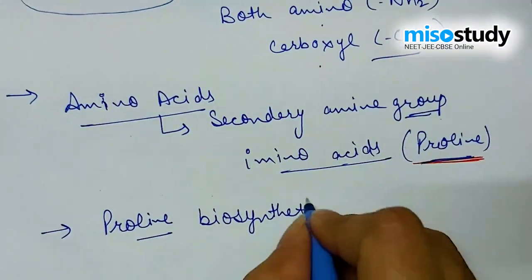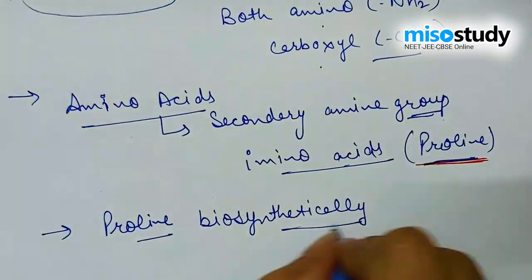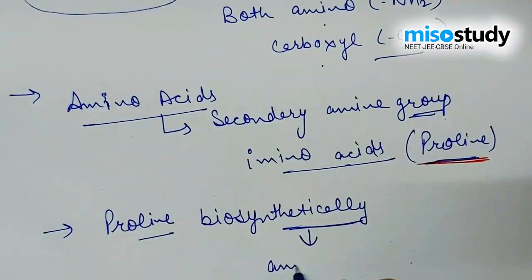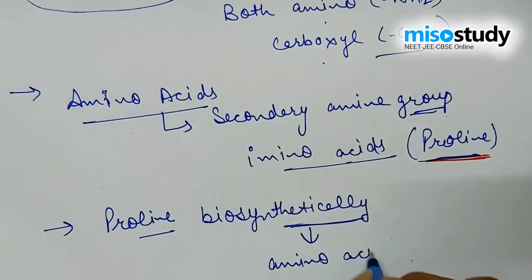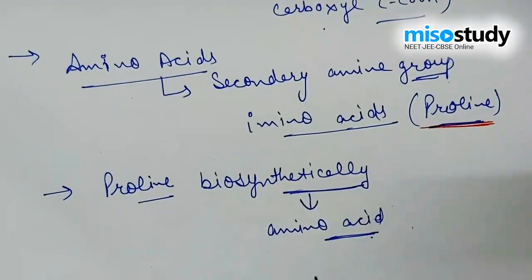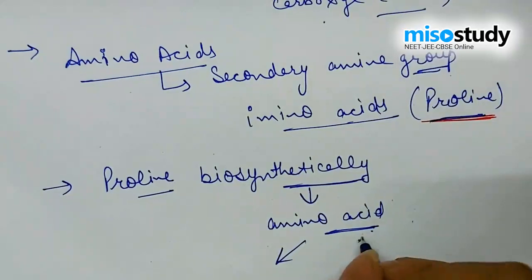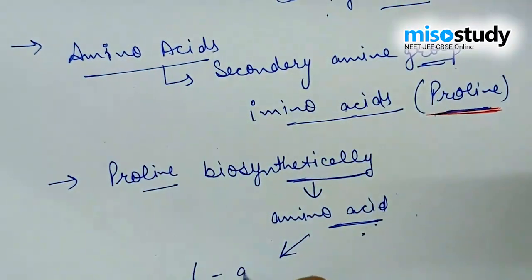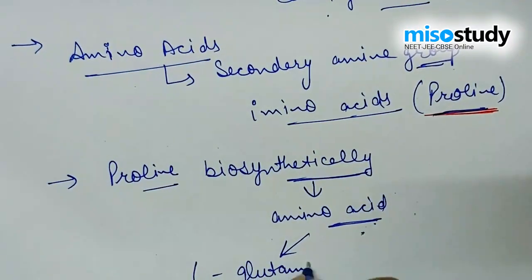Proline is a biosynthetically derived amino acid, and it is derived from L-glutamate.